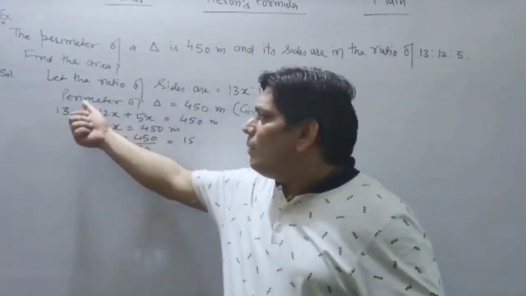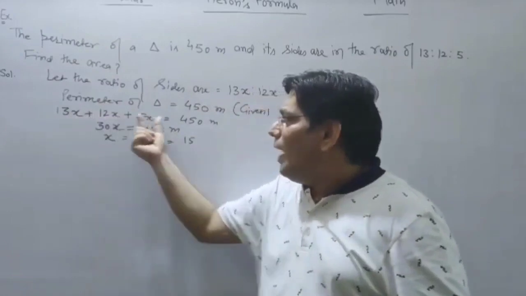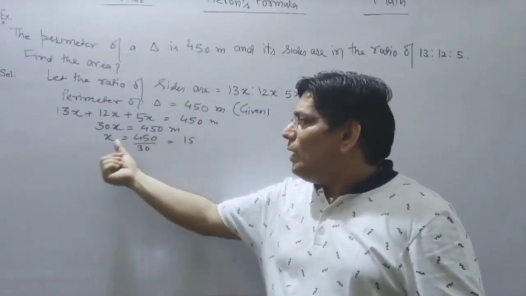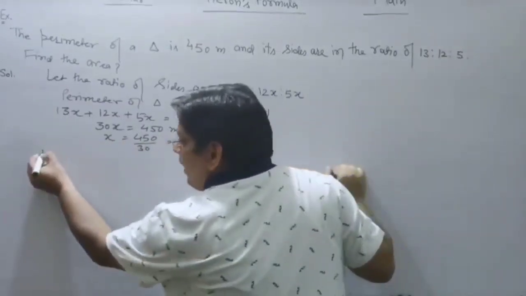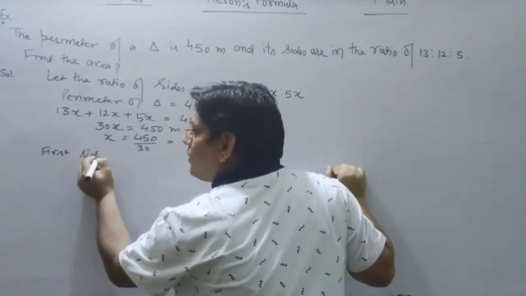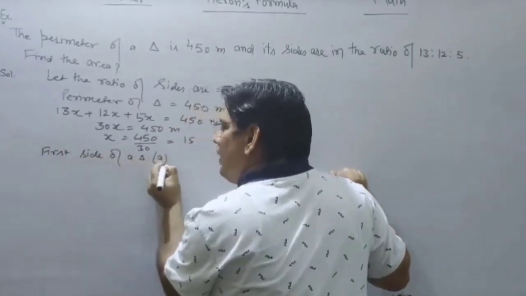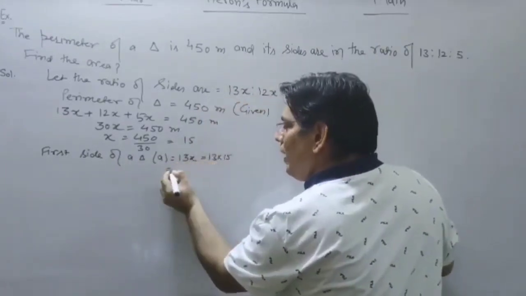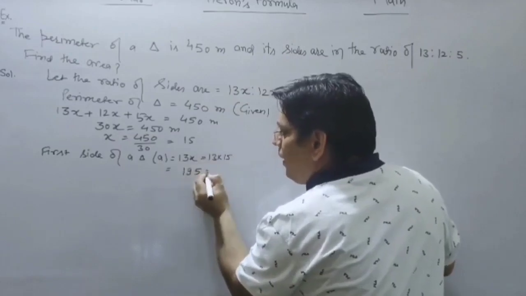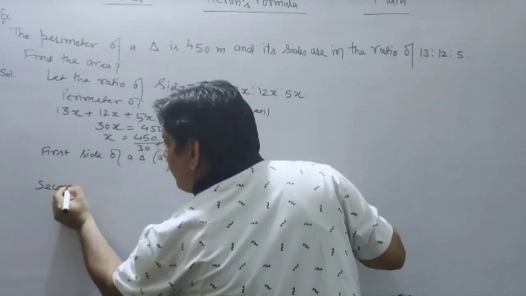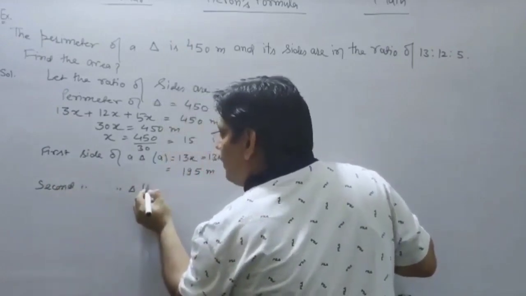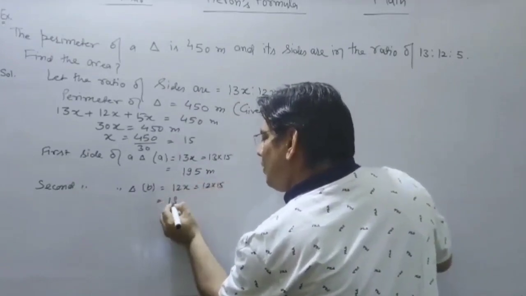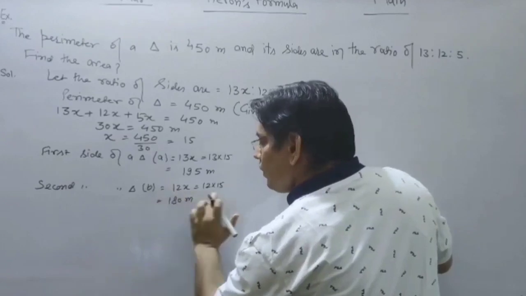After that, perimeter means sum of sides, so we added all the sides, that equals 450 meter, and 30x equals 450 meter, so x will be 15. So the first side of the triangle, a, equals 13x, that is 13 into 15, that will be 195. The second side, b, equals 12x, 12 into 15, that is 180 meter.